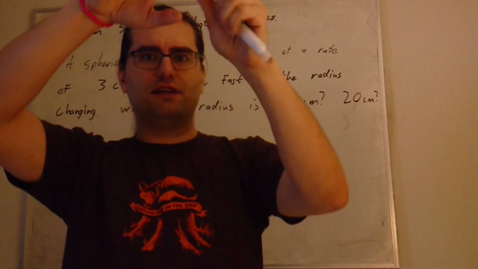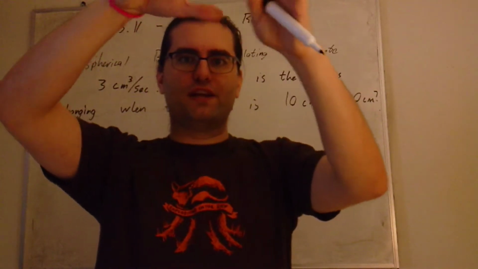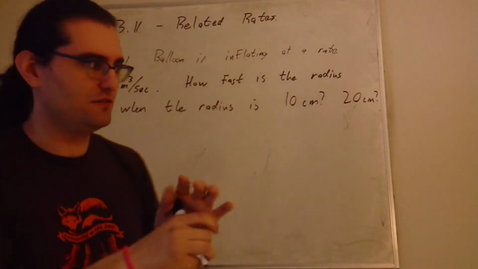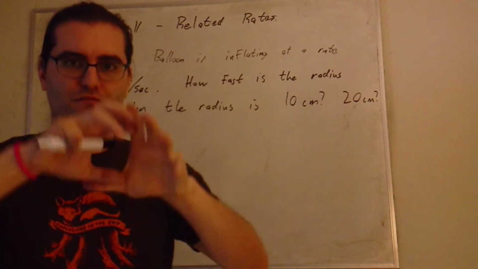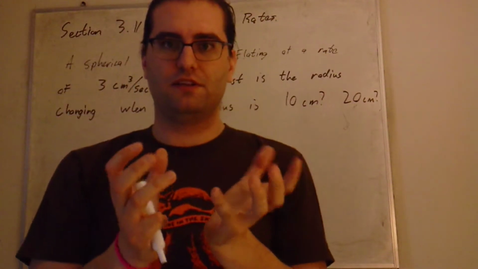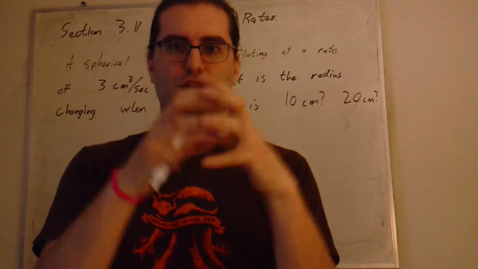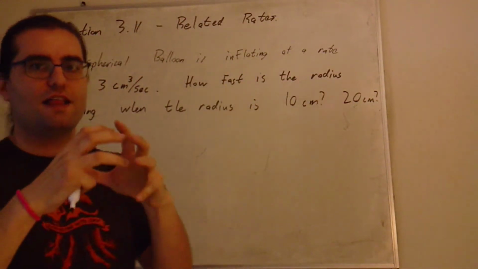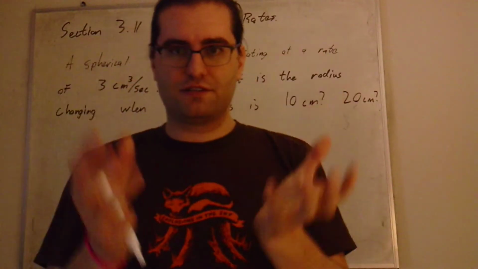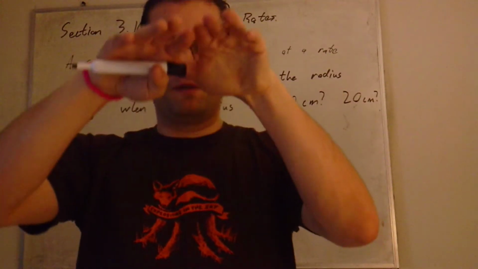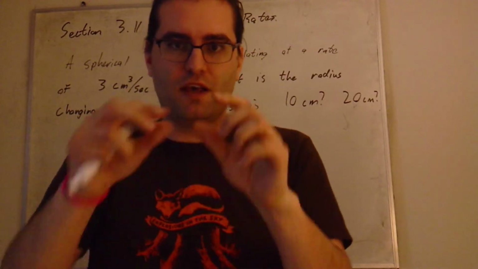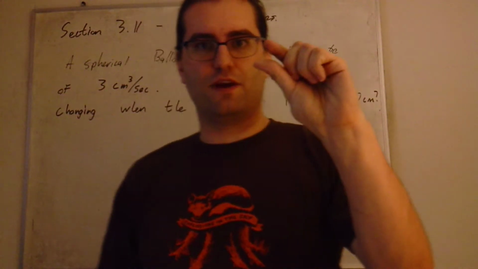So you can think of it as creating a shell around this sphere. That increase in volume is all going on the outside, the difference between your 10 centimeter balloon and how big it is when you add 3 cubic centimeters of air to it. That 3 cubic centimeters is going to be distributed around the outside of this 10 centimeter radius sphere, and it'll add a certain amount of thickness. That's the radius that you're adding.